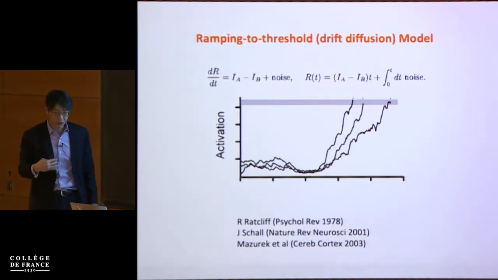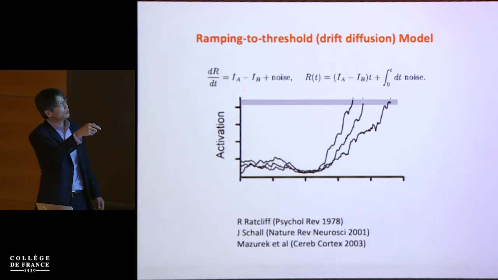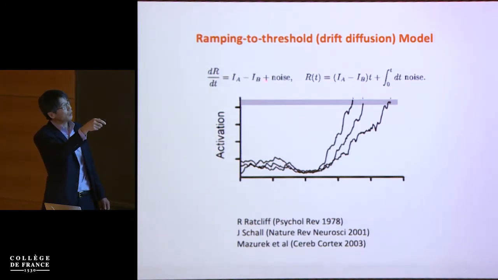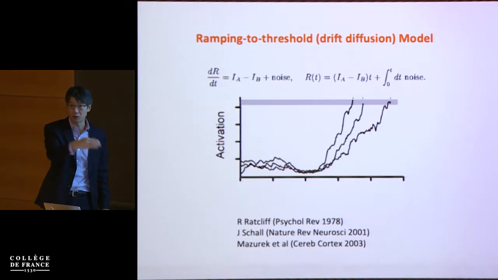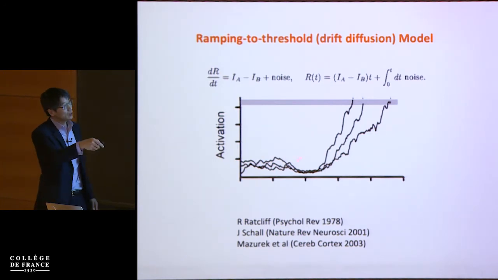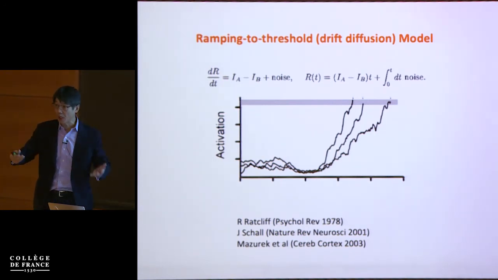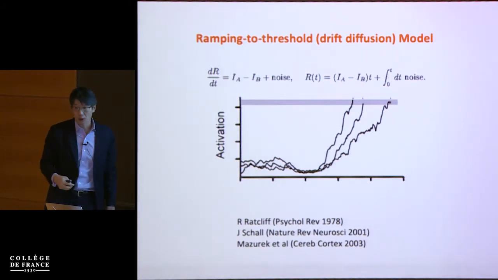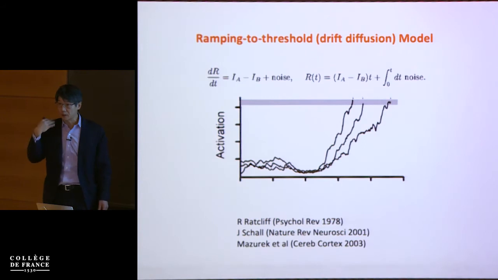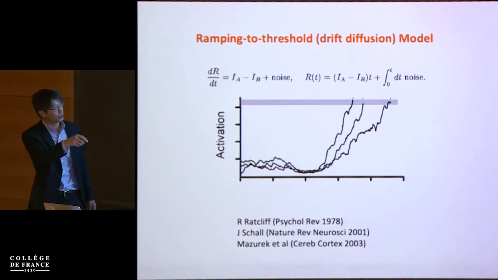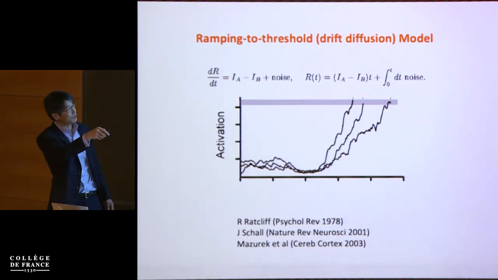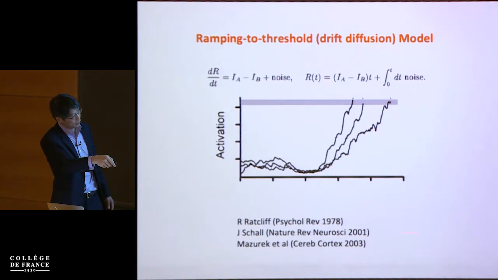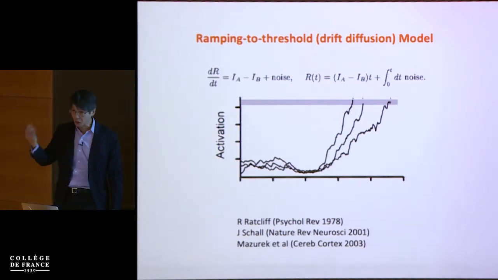The idea is that you have this perfect integrator that integrates external input biased by the evidence in favor of A versus B. If you add up information over time to some threshold, then you say, oh, I know enough, then I decide it's A. That way you can read out the choice. If the threshold that you reached is positive, you can read out the reaction time as well. If you go instead the other way to a negative threshold, then the choice will be B.